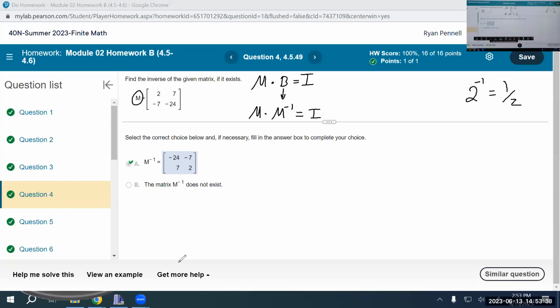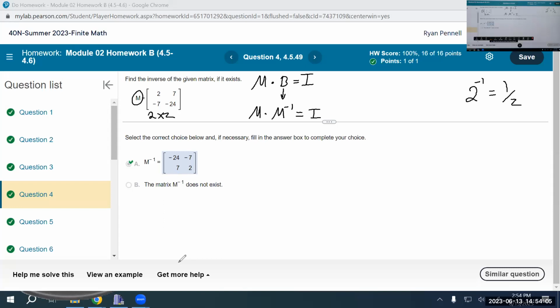This is a 2 by 2 matrix. And when it's a 2 by 2 matrix, there's 2 ways we could solve. Well, I guess there's 3 ways. The first way is I'll show you that we can reduce this matrix in a certain way to find the identity matrix and the inverse matrix. The other way is a formula.